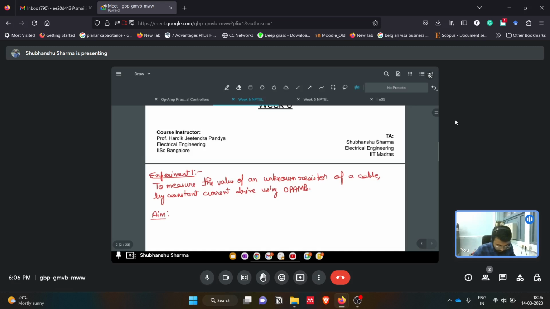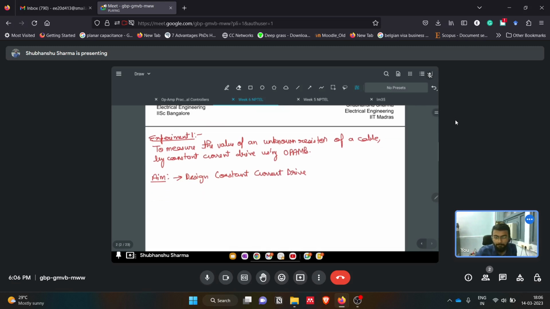So the aim was to design a constant current drive using opamps.